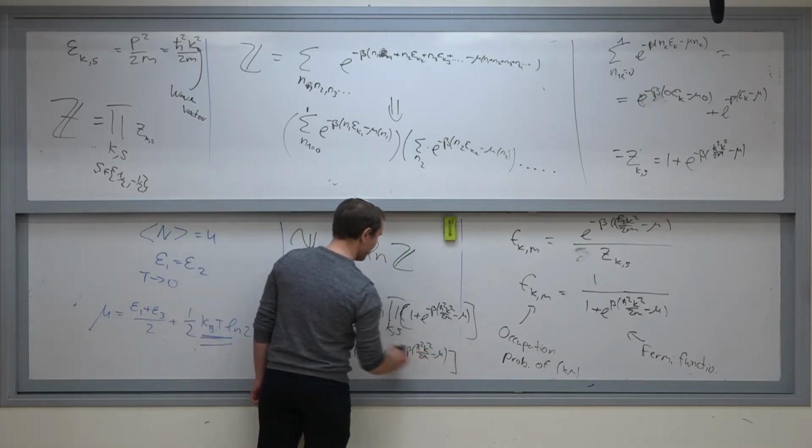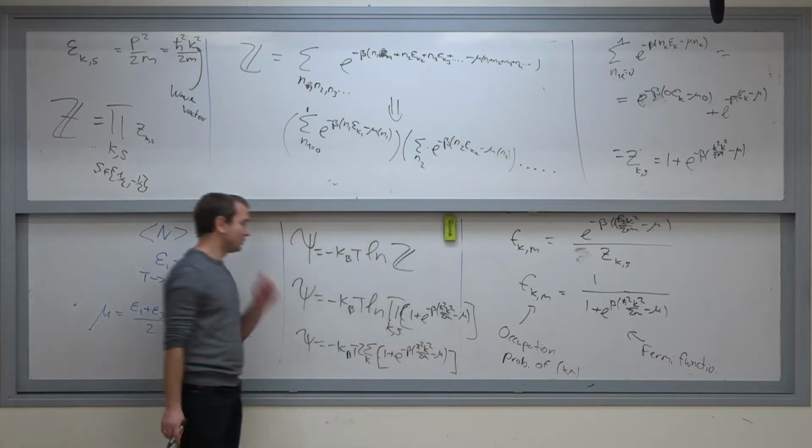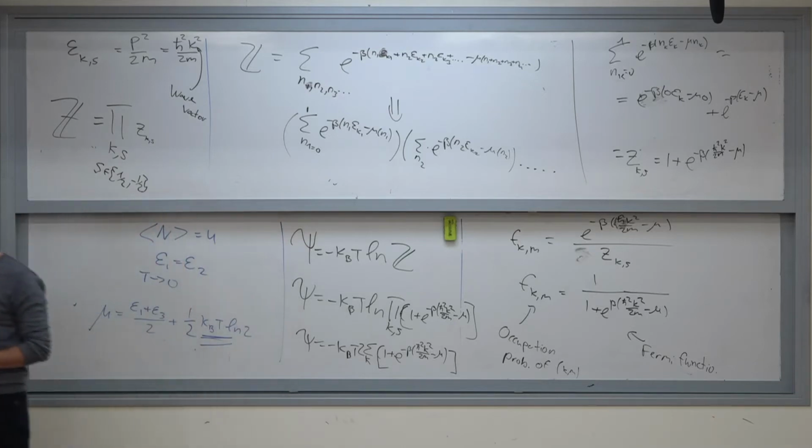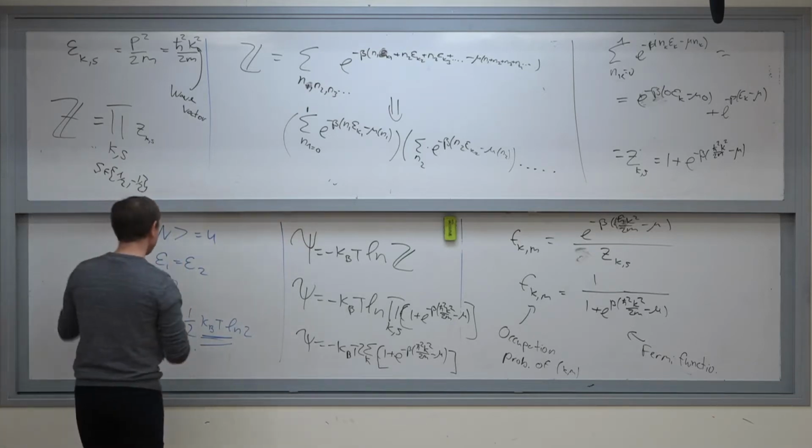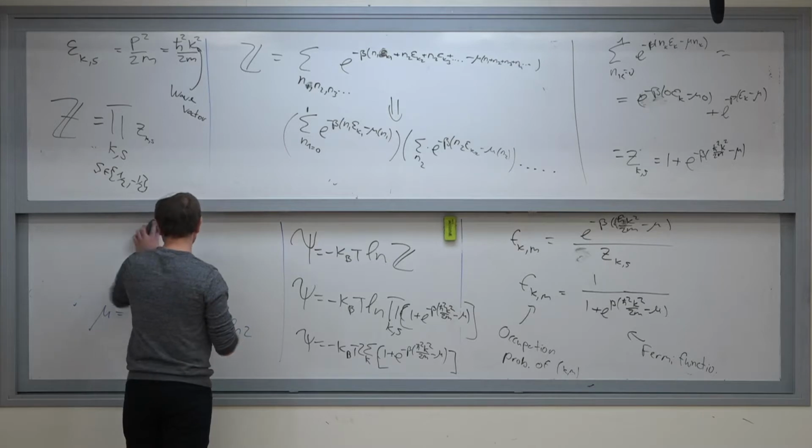I close my parenthesis. Okay, so this is the grand canonical potential.